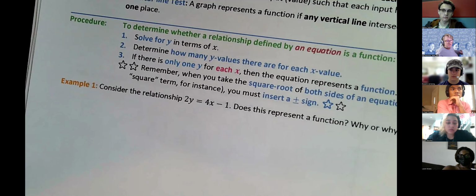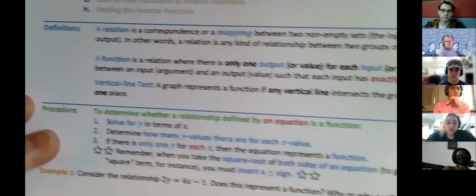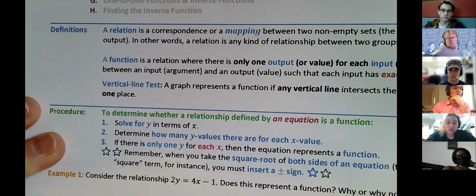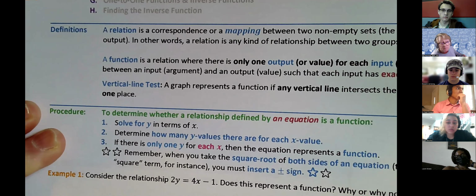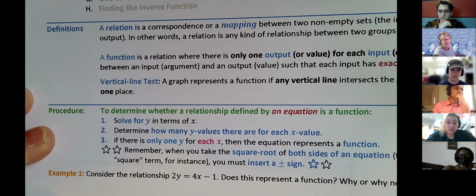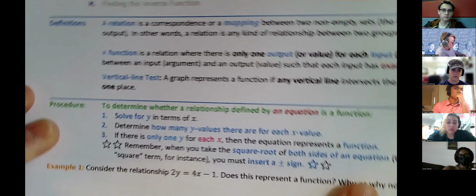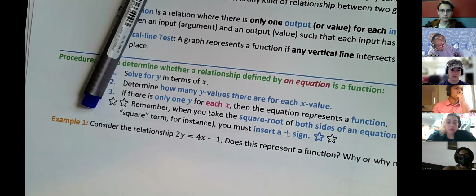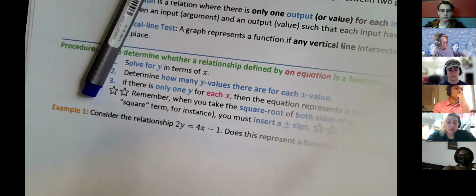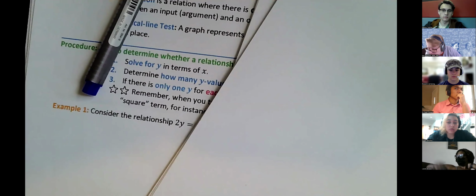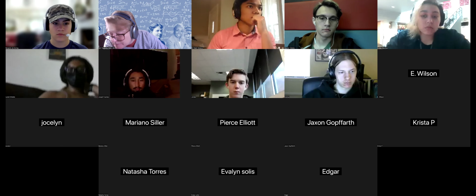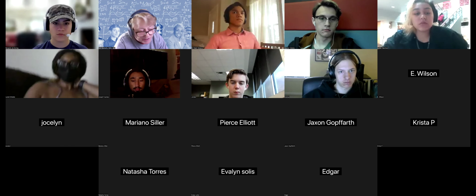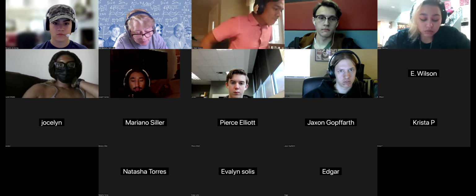Okie doke. Any questions before I plow forward? We can find this digitally in the modules. Is that correct? Yes. That's a great point. So let me actually change the share. I'm going to share my screen.